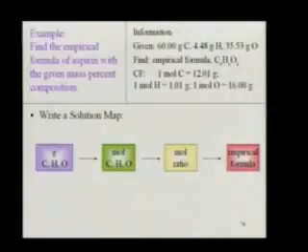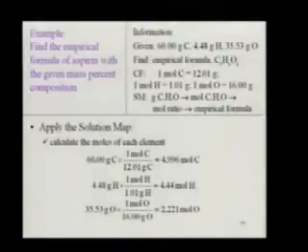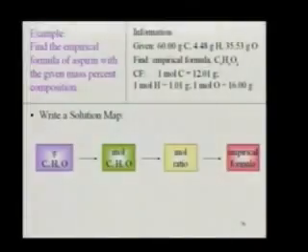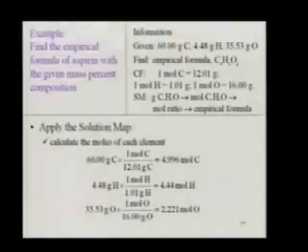How do I go from grams to moles? I'm going to need the molar mass. Oh, I guess I didn't write those on there. I'm going to need the molar mass to get from here to here. How do I go from these gram values to mole values? If you look here, I told you we need the molar masses, right?